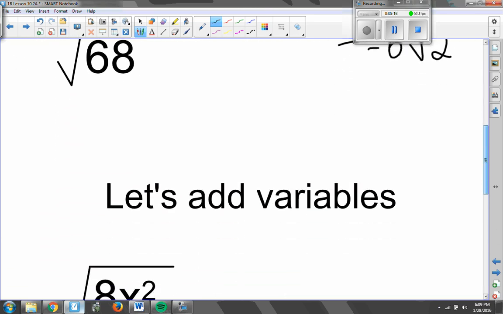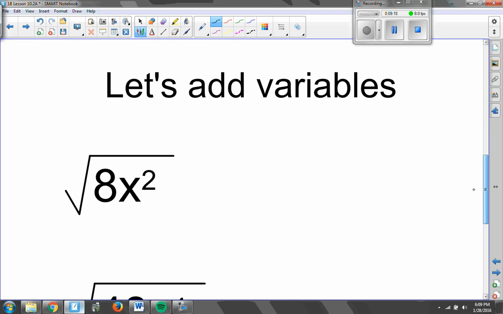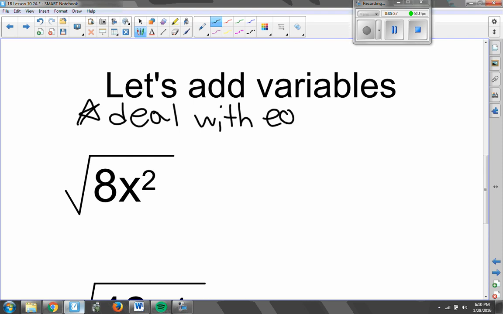Let's add variables. I will also expect you to be able to simplify this kind of square root right here. Square root of 8x squared. Now, when I have variables, I need to deal with each separately.